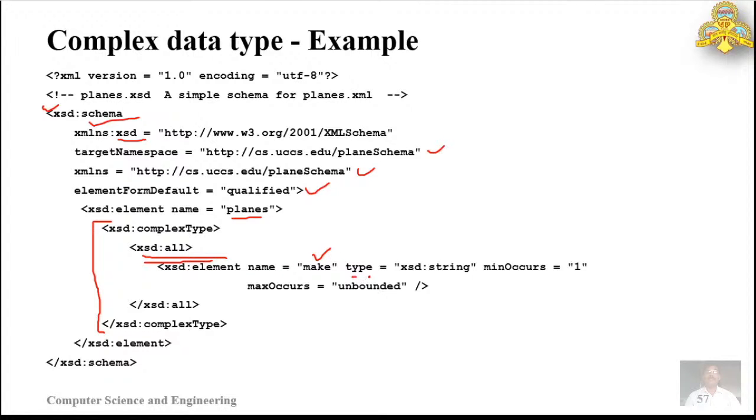It is based on string. minOccurs is 1, maxOccurs is unbounded, that means there is no limit for maximum occurrence, but minimum occurrence is 1. At least one child element must be there. And if you want to give more, you are not restricted, even it may be 100, even thousands are supported.